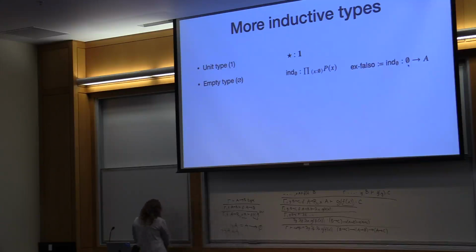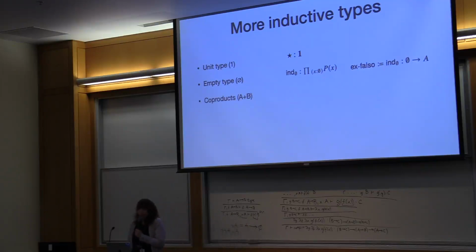So not-not-A is not equal in any sense to A in general. In certain cases it is true, but not for every type A. So I'm just saying that if we derive a contradiction, it doesn't mean it's proof by contradiction, it's just a proof of negation, and this is allowed. This is nice.